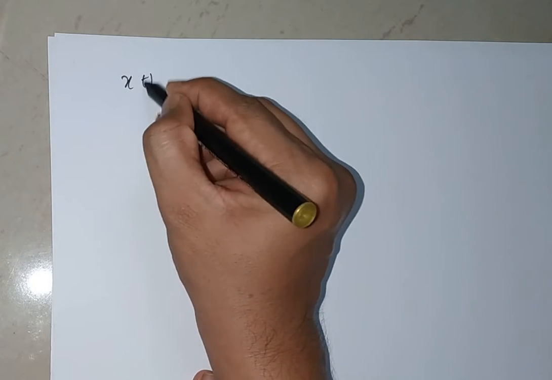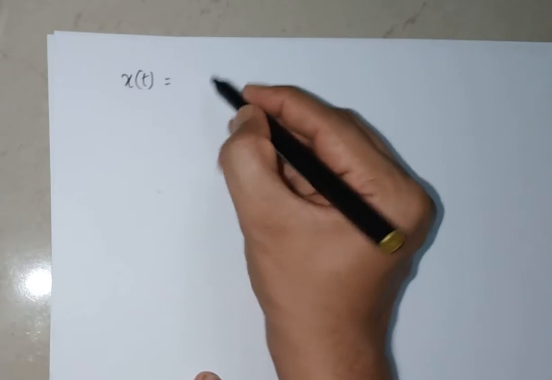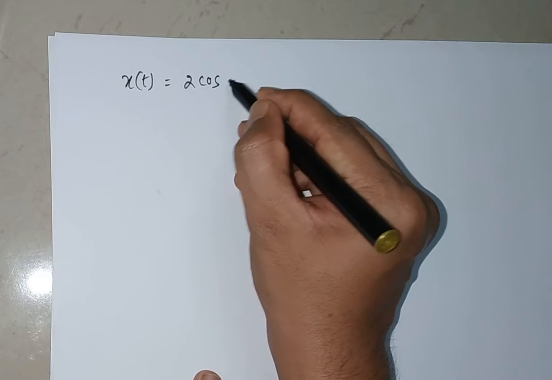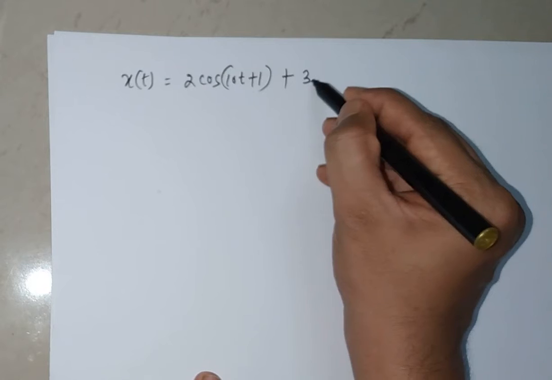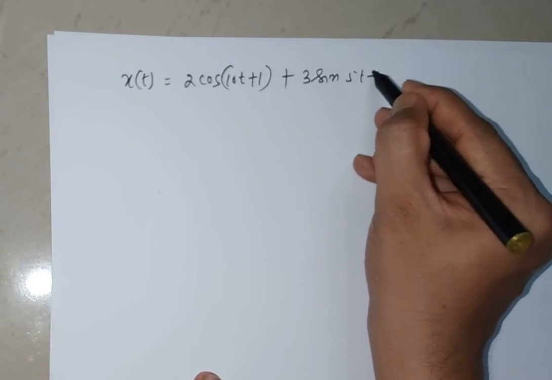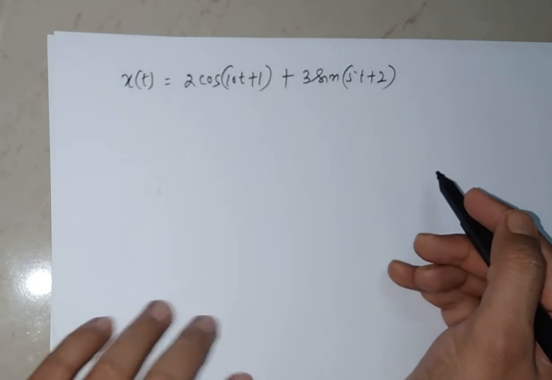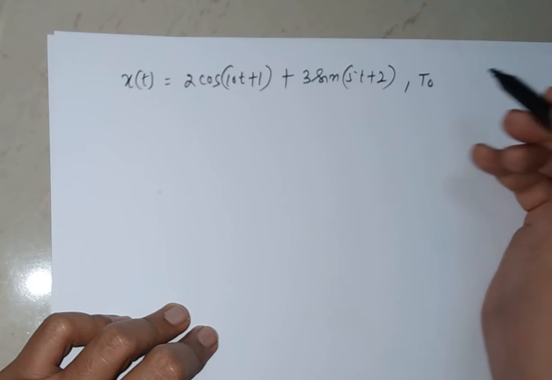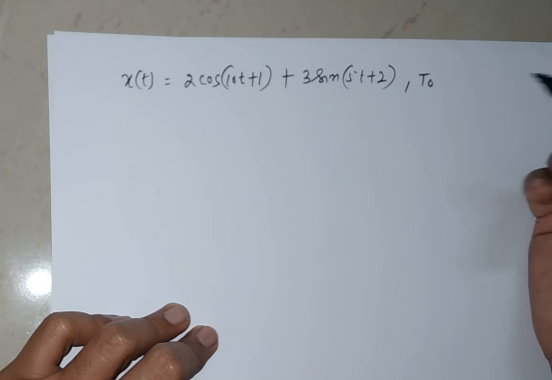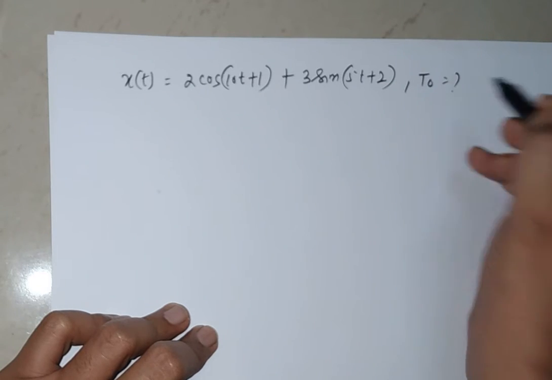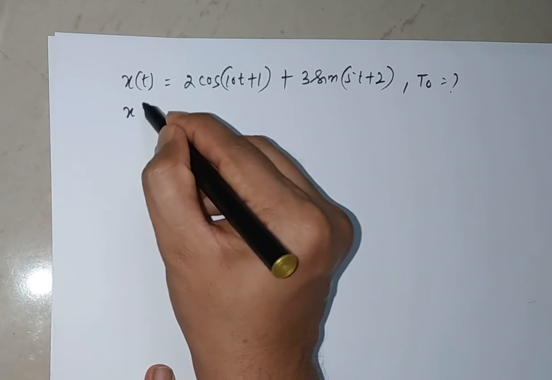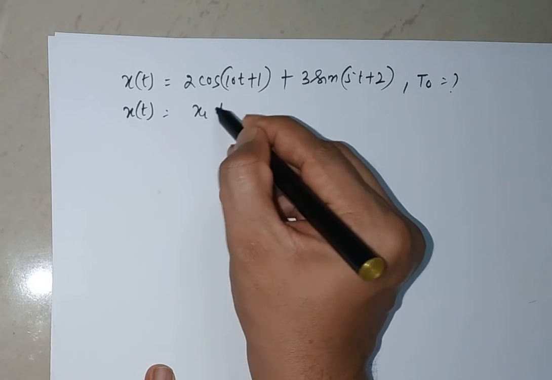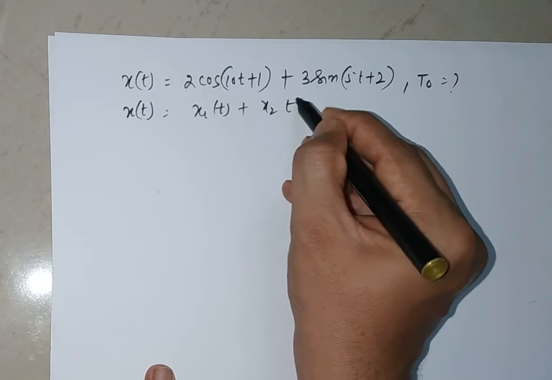Let this type of signal be given: x of t equals 2 cos of 10t plus 1 plus 3 sin of 5t plus 2. Find the fundamental period t0 of this signal. How to solve this type of problem? This is not a single signal like before; it is a combination of two signals, x1 of t plus x2 of t.